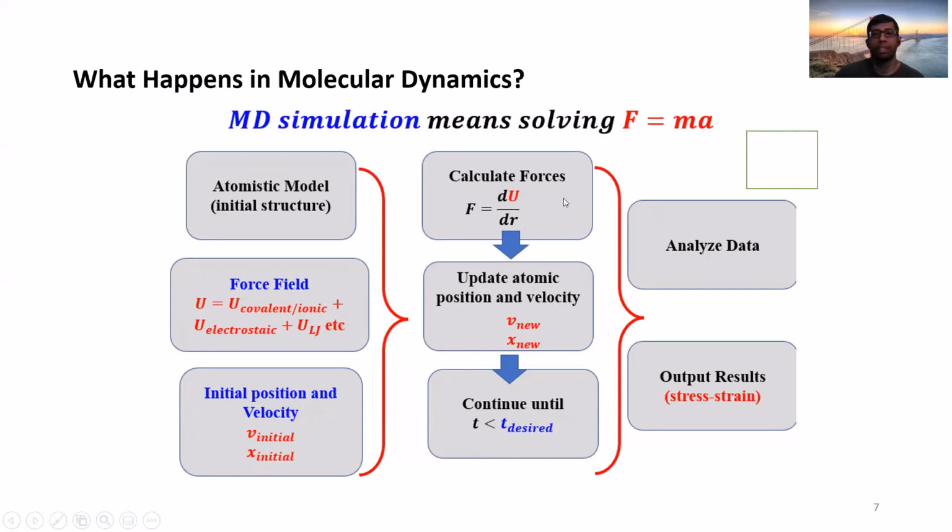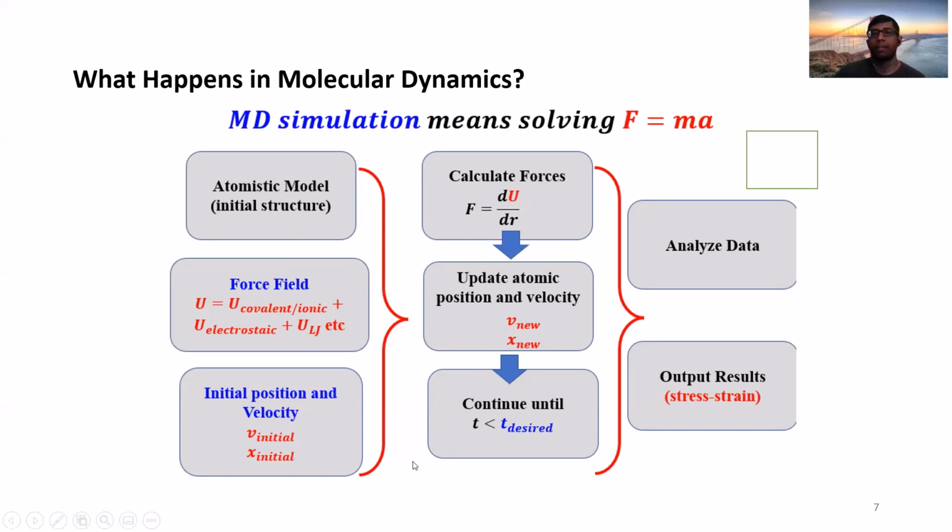And what happens is that you calculate your forces in terms of the energy of the system, the potential energy of the system. And then after applying this bunch of rules to the system, you update the atomic position and velocity of the system, and then you continue. You do it repeatedly at a specific time interval.